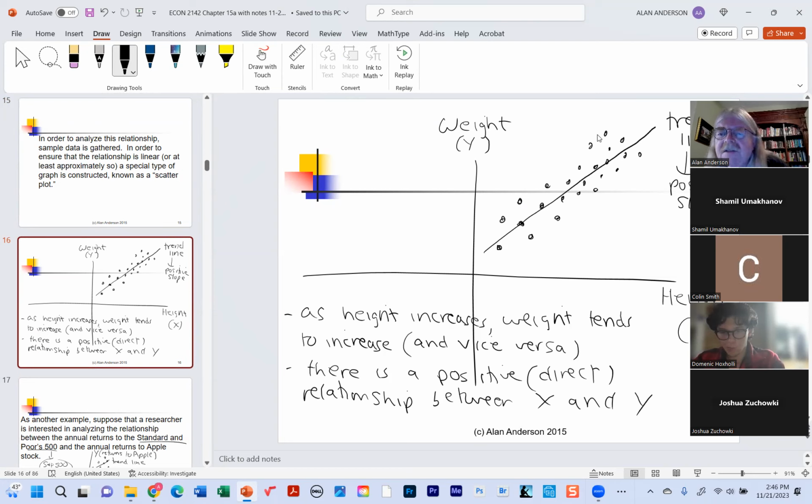Not always. That's why there's scattering among these points. We know perfectly well that some tall people do not weigh a whole lot because they're very skinny. And the same thing can be true for some relatively short people. They might also be very muscular and therefore very heavy. So that's why you're not going to see all the points right on the line, because other factors get involved in determining your weight. It's not just your height.